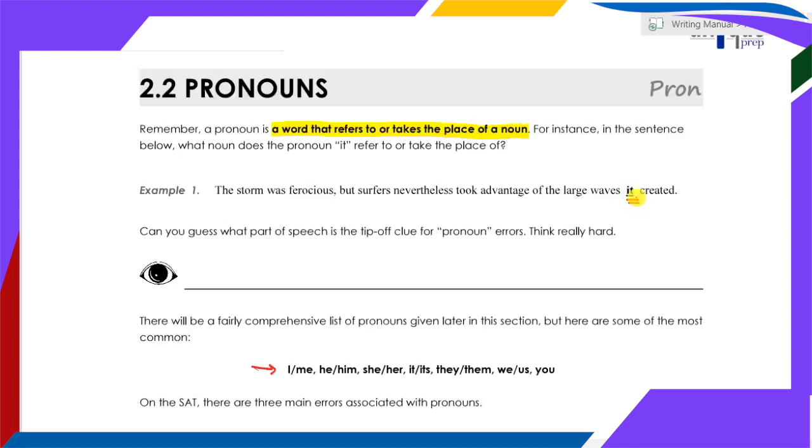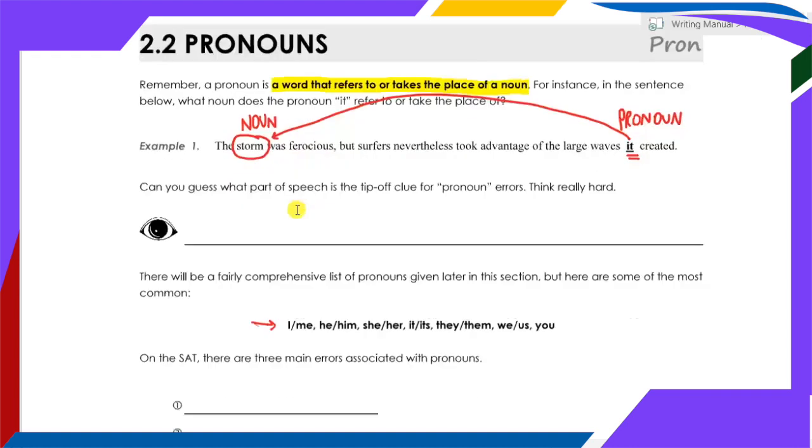So what created the large waves in this sentence? Obviously it was the storm. So the storm is the noun, it is the pronoun, and it is taking the place of or referring to that noun, storm. So that's an example of a pronoun and what a pronoun does.